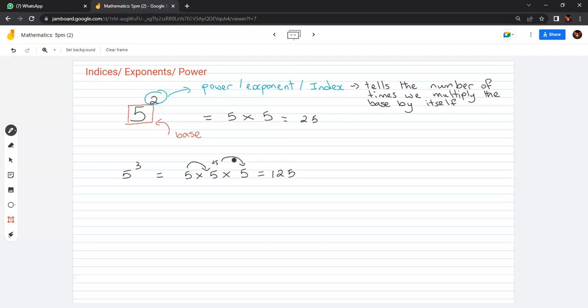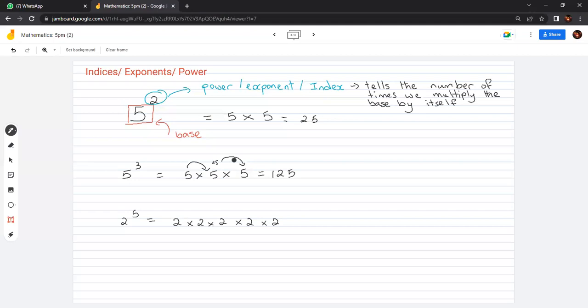If they gave you something like this, this means my base is 2. So it's going to be 2 by 2 by 2 by 2 by 2, 5 times. One, two, three, four, 5.